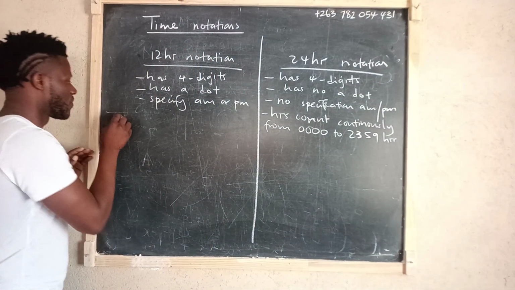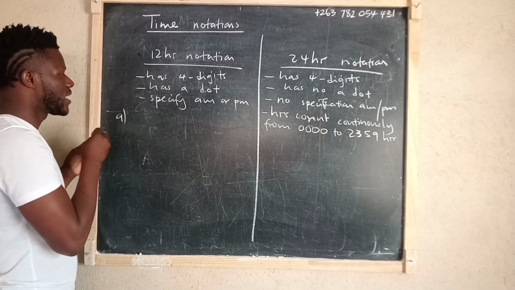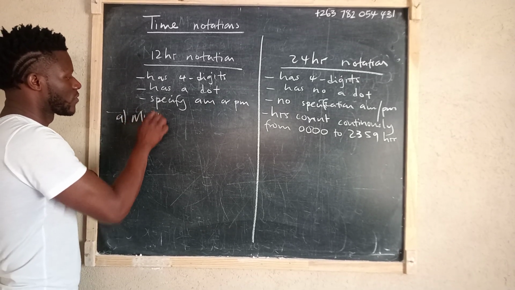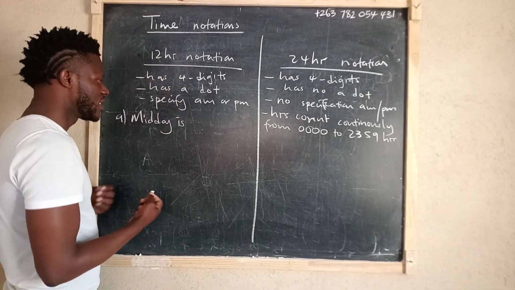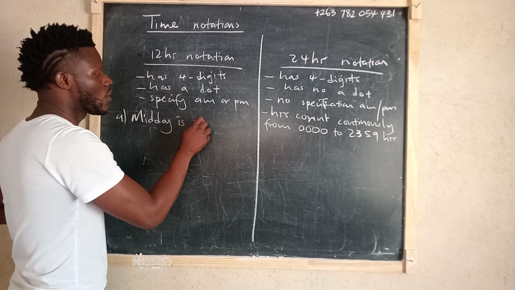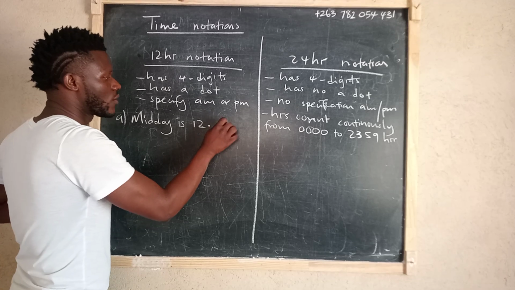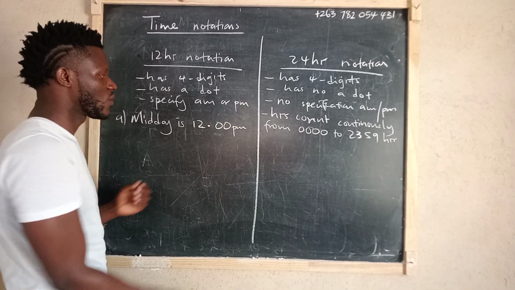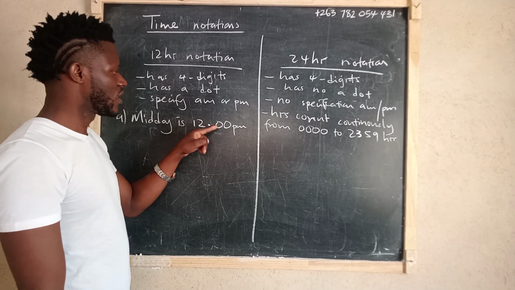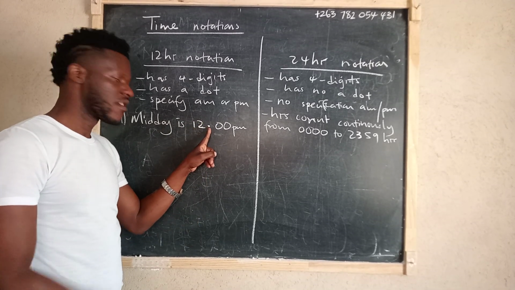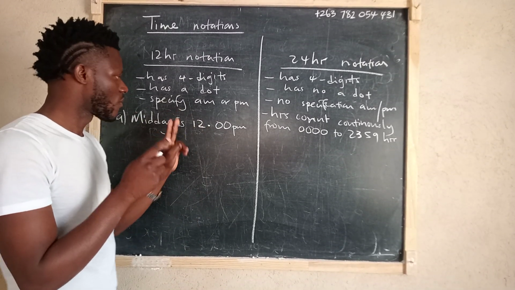Alright, for instance, number A, midday. We're talking about 12-hour notation. Midday in 12-hour notation is 12:00 p.m. That's when we start to say p.m., post meridian. It must have one dot, not 2.